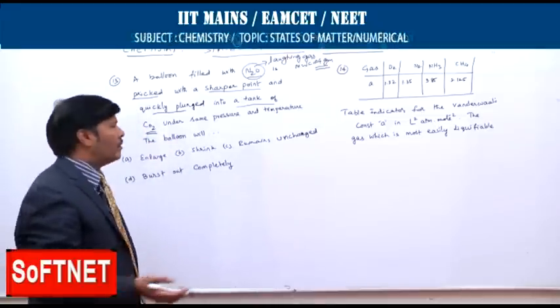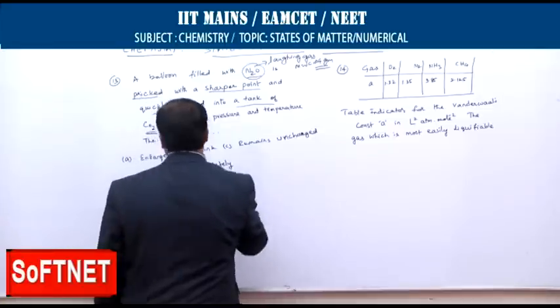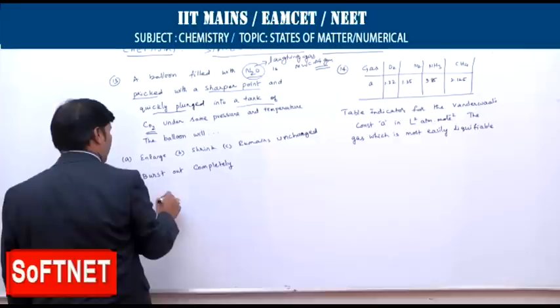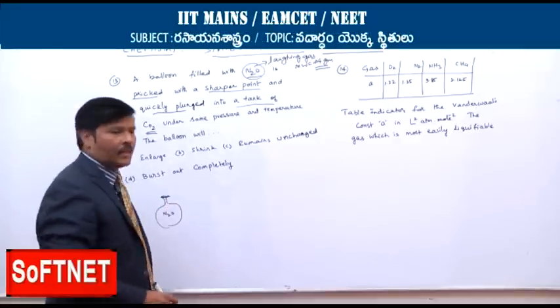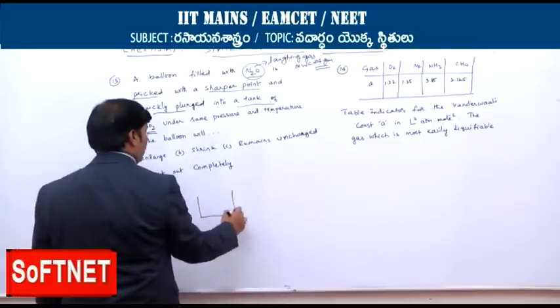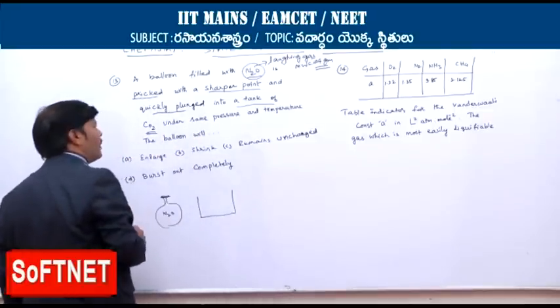Then it is pricked with a sharp point and quickly plunged into a tank of carbon dioxide. What we are doing is we are taking a balloon made up of nitrous oxide gas and plunging it into a tank which contains carbon dioxide under the same reduced pressure and temperature.